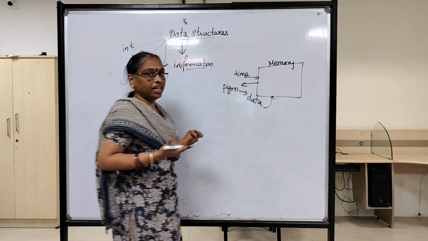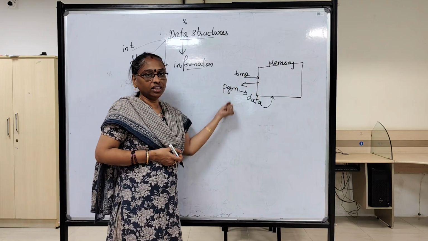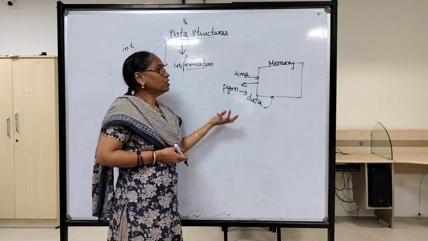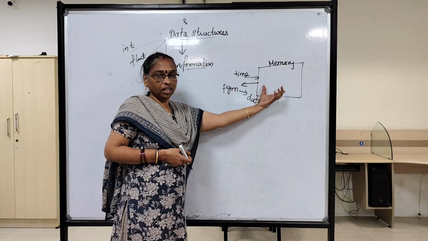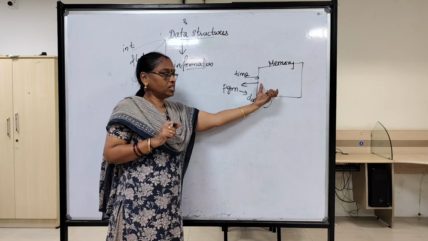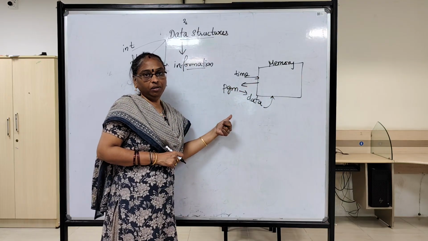For different applications, the style of retrieving the data from memory is also different. So using a data structure, I can store the data in memory in a particular structure in such a way that it is easy for me to retrieve for the process.